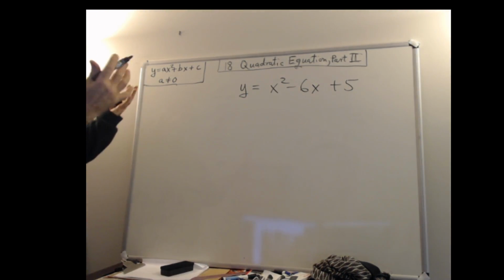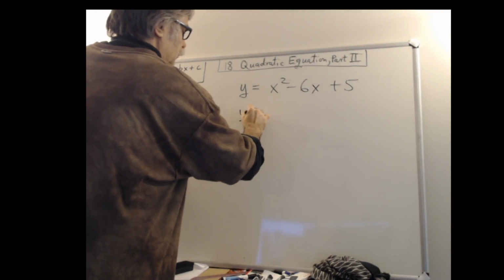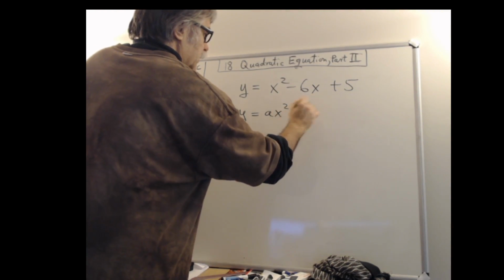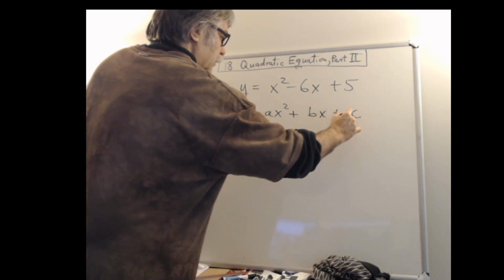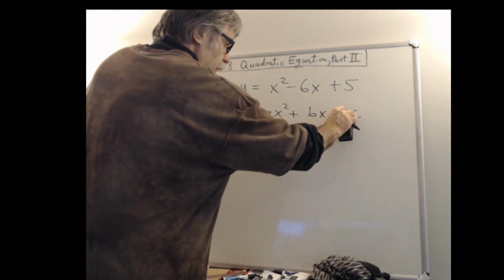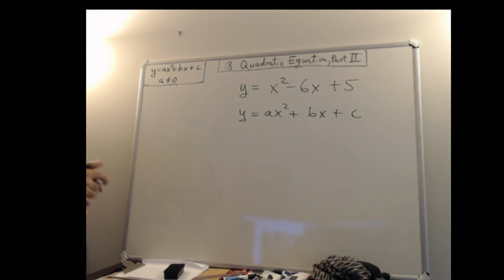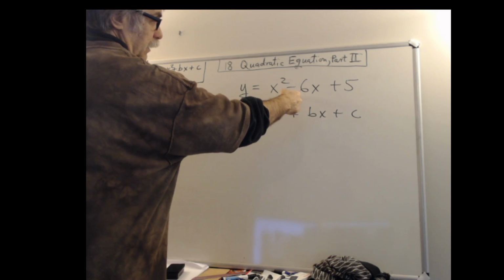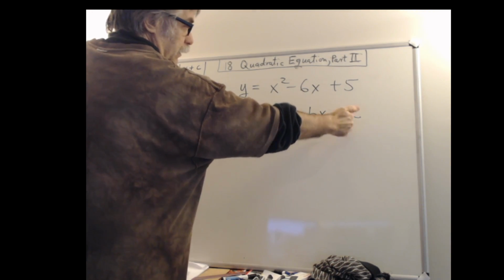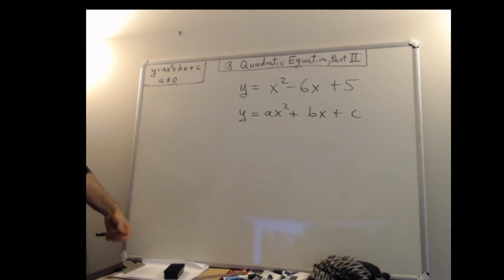In general, they're gonna have some number of x squares, some number of x's, and then there will be some extra number that is a constant, like 5. So here the number of x squared is 1, the number of x is -6, and then this constant number is 5.